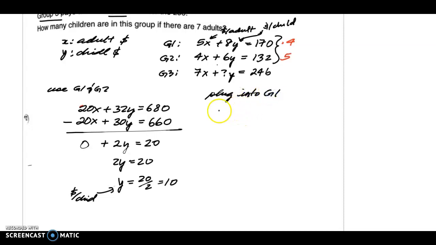So 5 times x plus 8 times 10 is equal to 170. So I just plug that 10 into there, right? That's just going to give me 5x plus 80 is equal to 170.